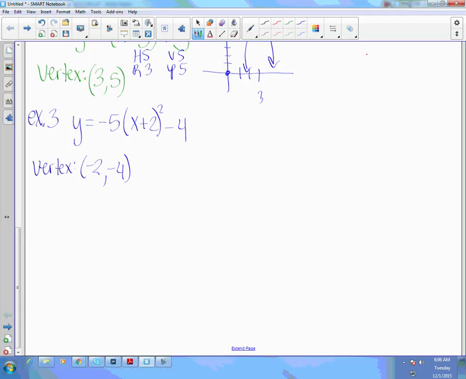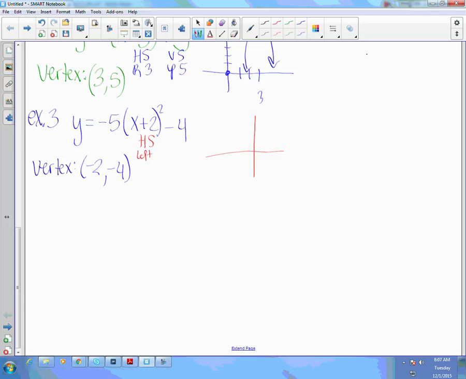Tell me in 4 words what the plus 2 does to the graph. Options are right or left, and you have to do the opposite. So when you think opposite, it's going to go left.